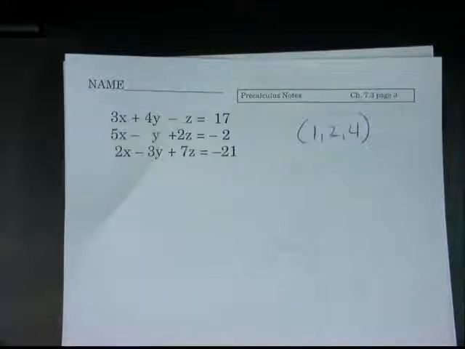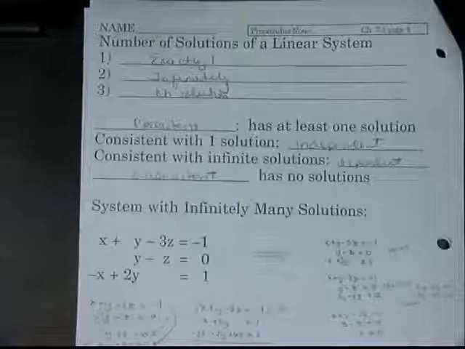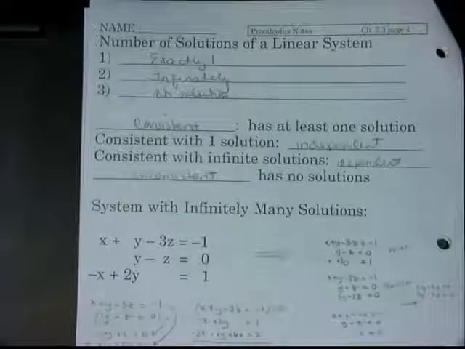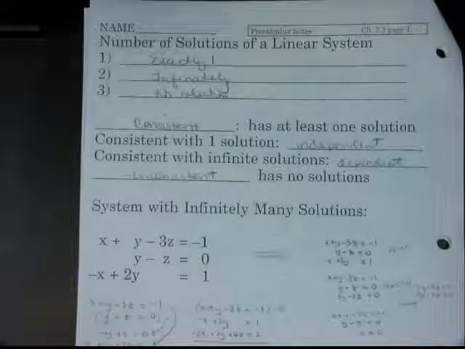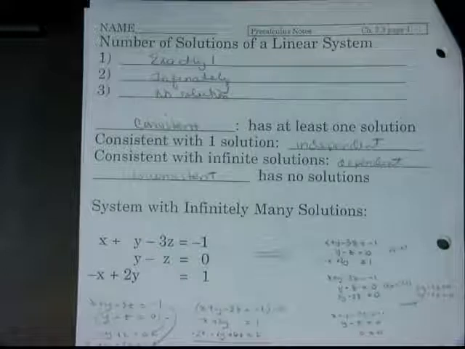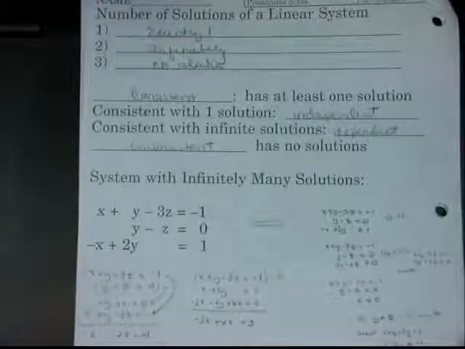All right, on page 4, go into your book and fill in those from your book. If something comes out to infinitely many, again, we can do this with our substitutions.